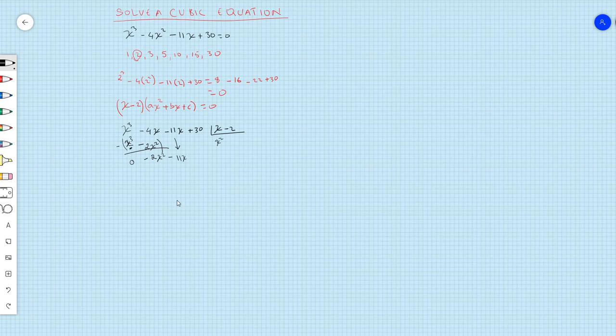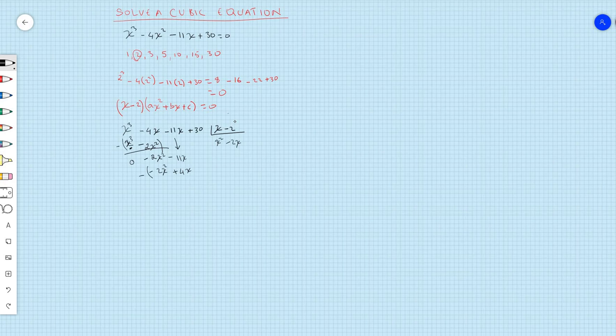And just like that one, your priority here is to eliminate this first term, negative 2x squared. So to do that, you have to multiply this term here by negative 2x, right, to get negative 2x squared. So let's go ahead and do that. Negative 2x will give you negative 2x squared plus 4x.